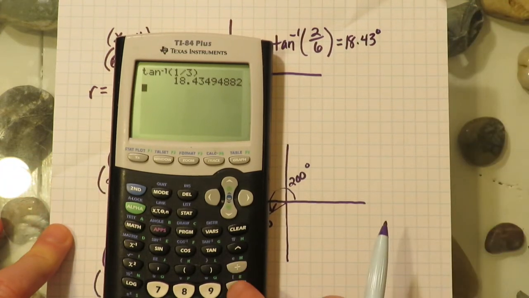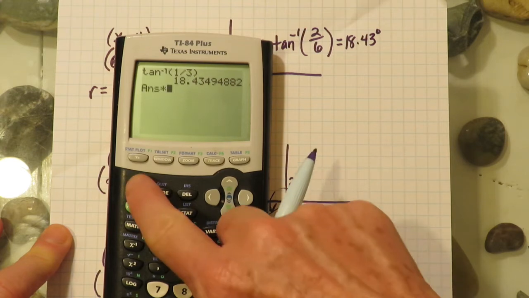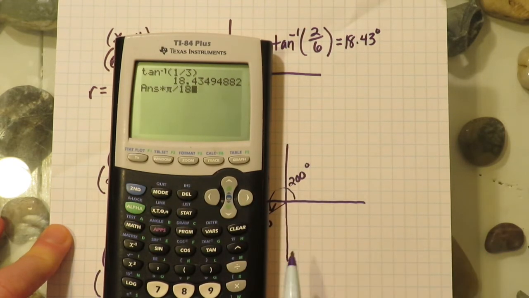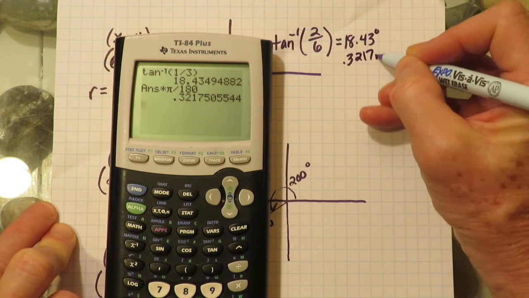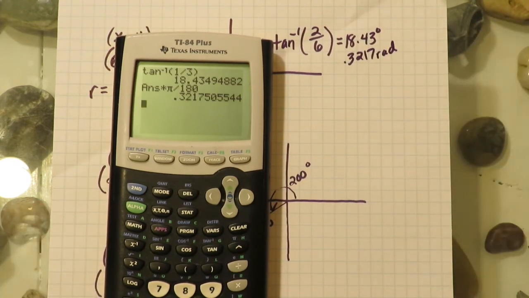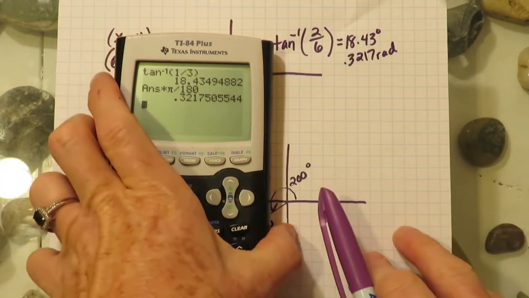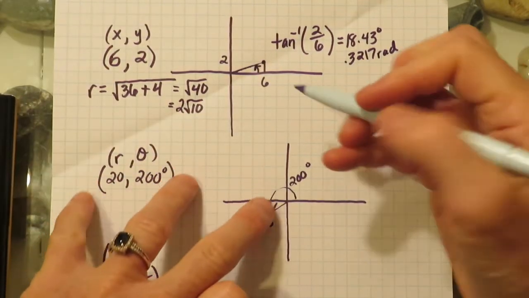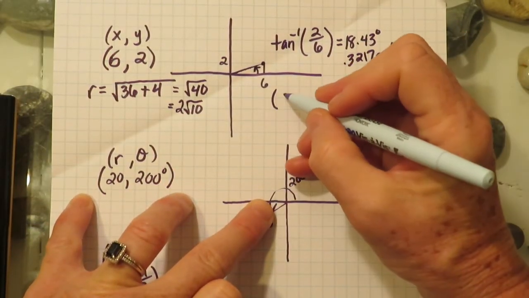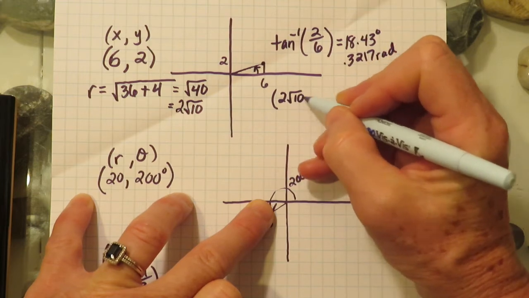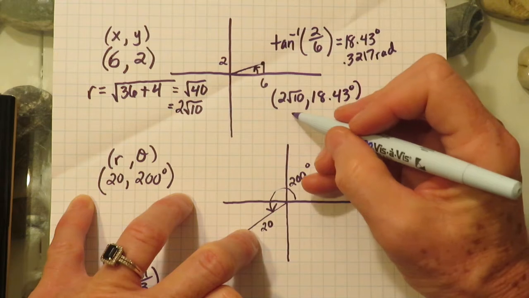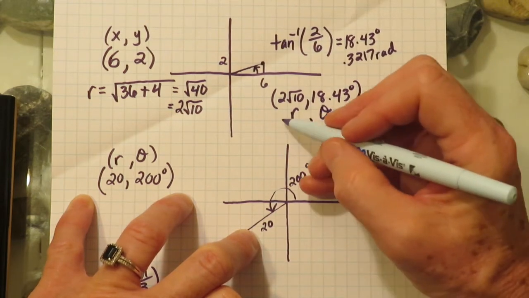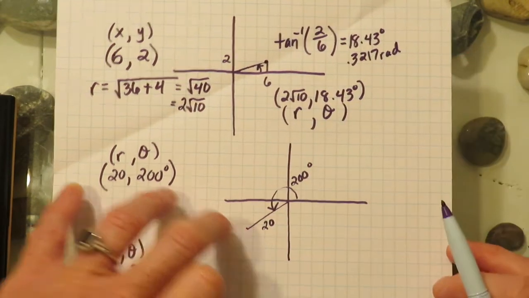If you do convert that to radians, it is approximately 0.3217 radians if you want to answer in radians. Okay, so in polar coordinates, the radius is 2 times the square root of 10, and the angle is 18.43 degrees. That's my radius, that's my angle. Again, you could use the radian angle if you wanted to.